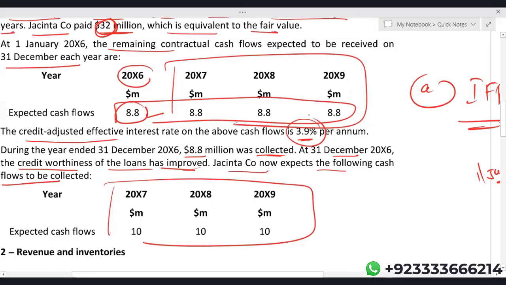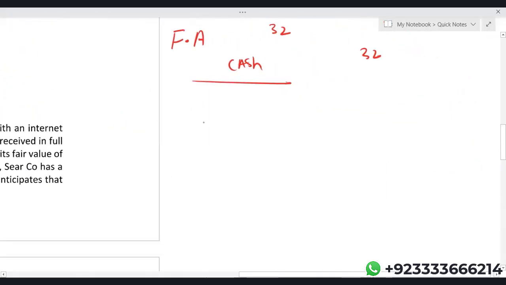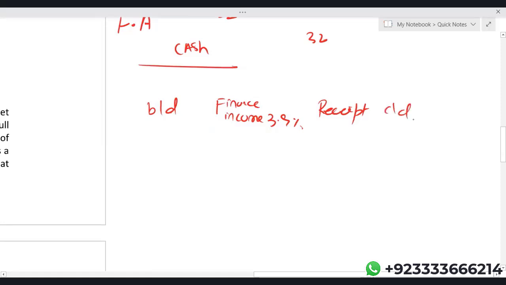Your effective interest is 3.9%. The examiner has not given us any cash interest. Finance income will be according to the effective interest rate, which is 3.9%. Simply take the receipts and carry it down.